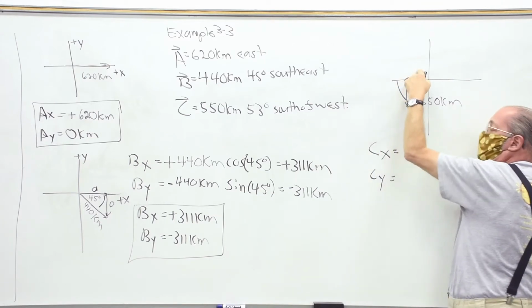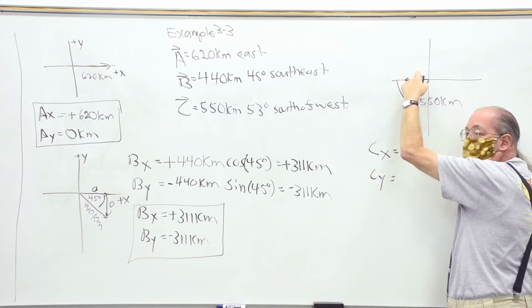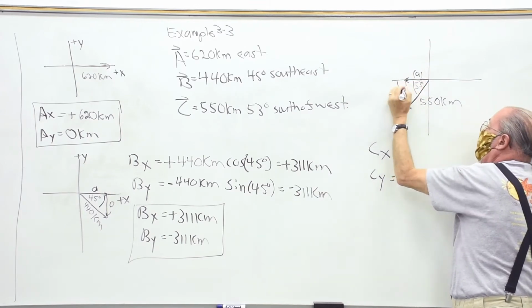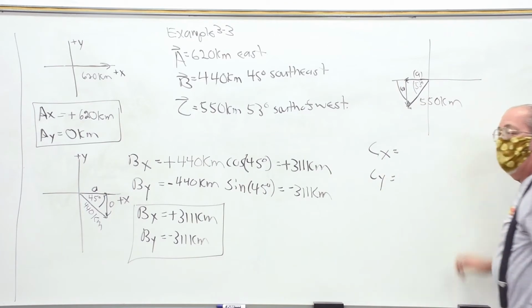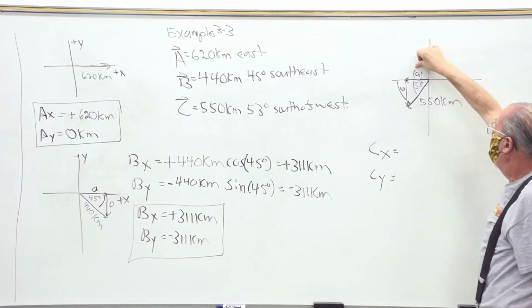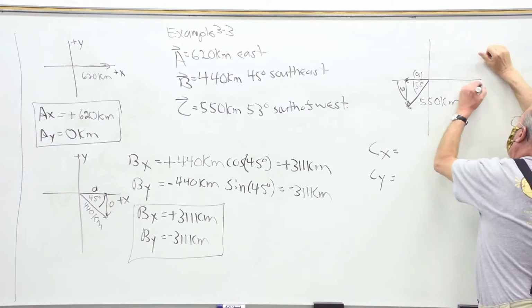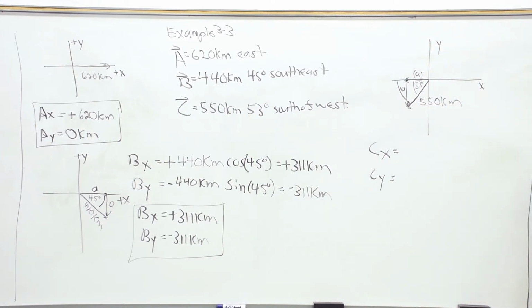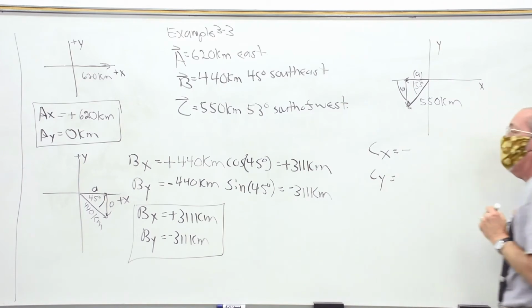Which side is this, adjacent or opposite? This is adjacent, and this is opposite. But this one is the x component. Is it positive or negative? It is negative by inspection.